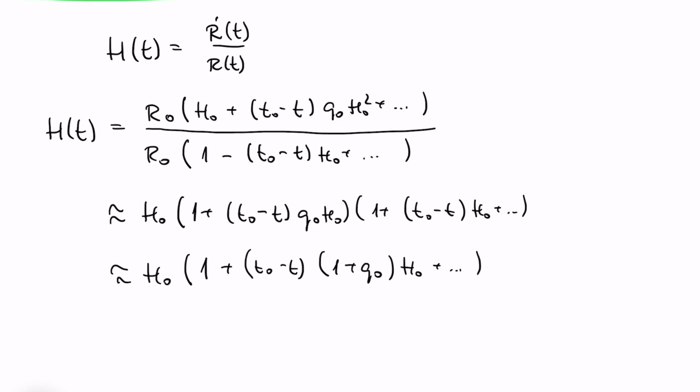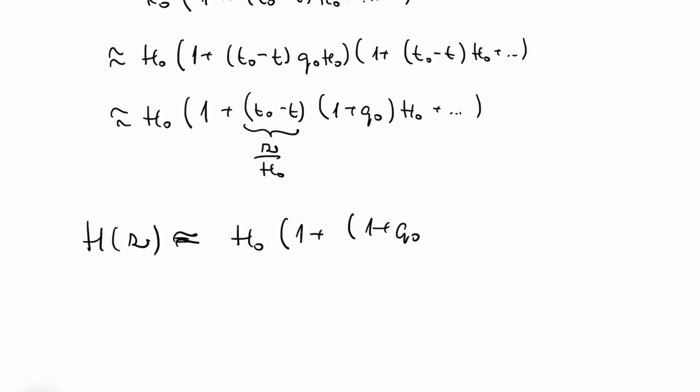And we express the look-back time through the redshift up to first order and get this. Now, if we have the Hubble constant as a function of the redshift, we can determine the look-back time and the coordinate of the emission of the observed photon.